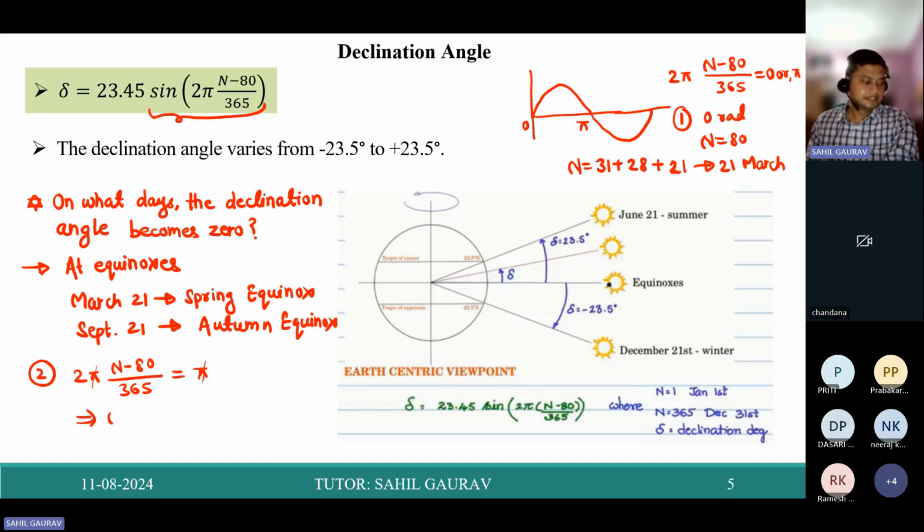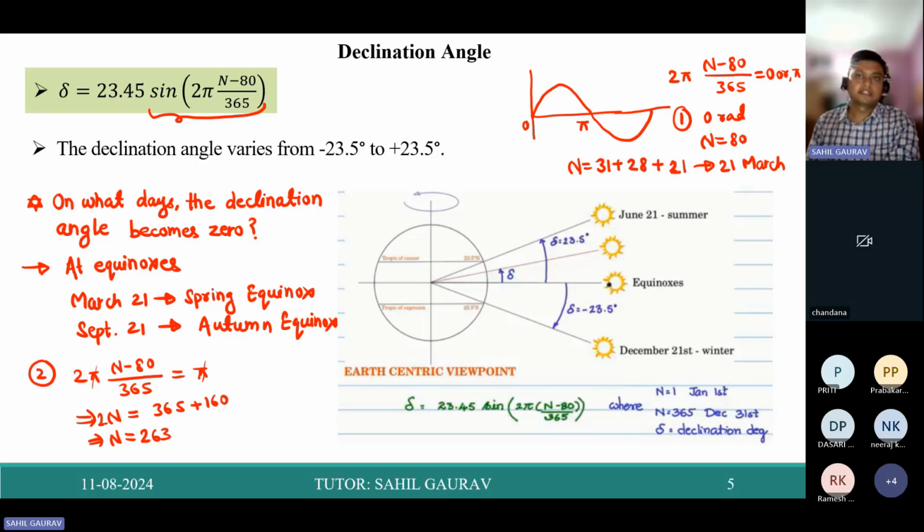So it will be n equals 365 plus 160, over 2. So on solving, you will get n equal to 263.